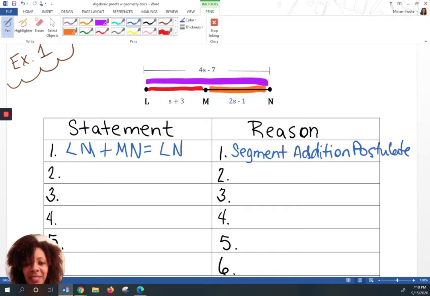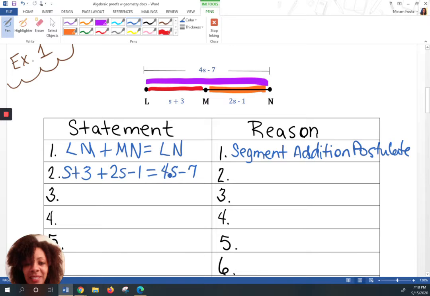So if I know this, now what I can do is take the information that's shown above for segment LM, which is S plus 3, and then I would add what's shown for segment MN, which is 2S minus 1. And I would set it all equal to the entire segment length, which is 4S minus 7.